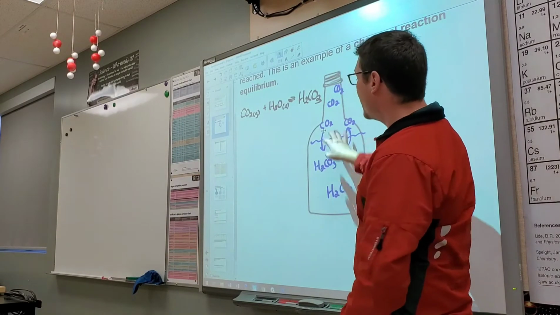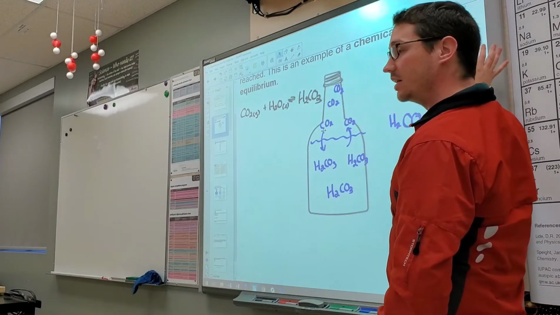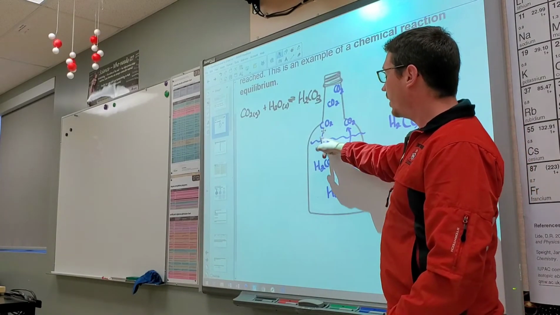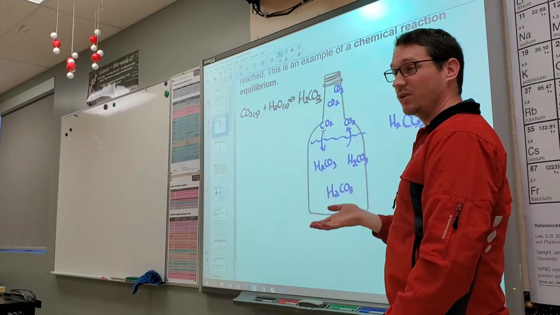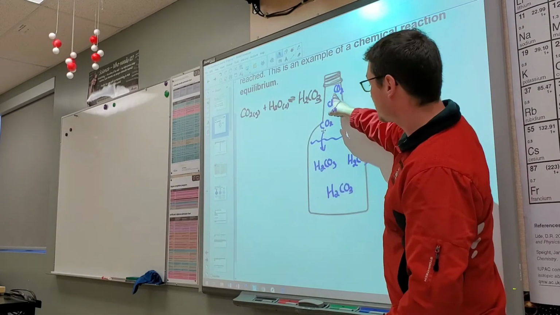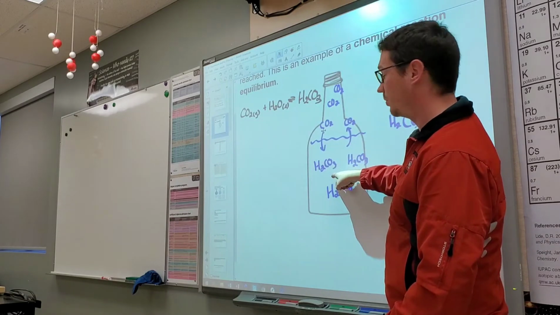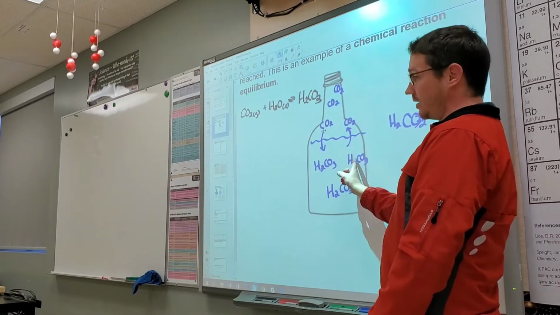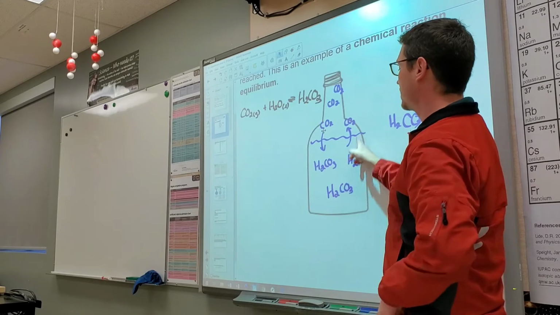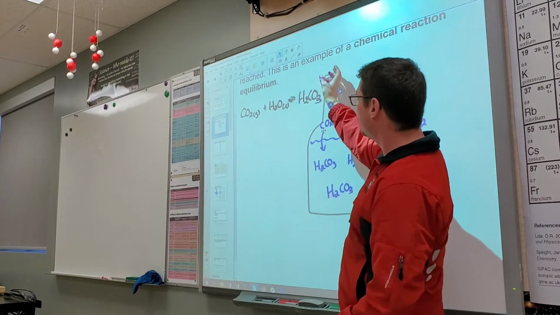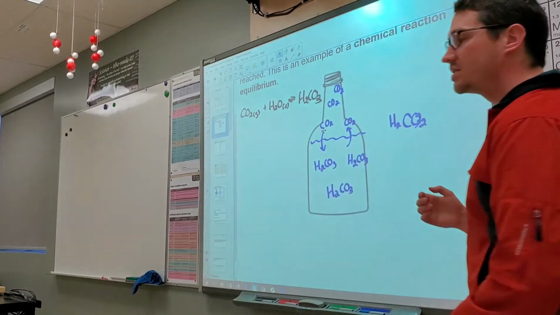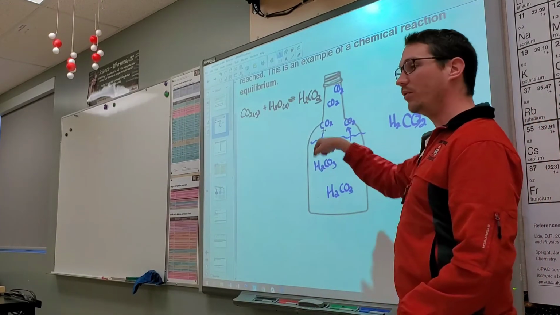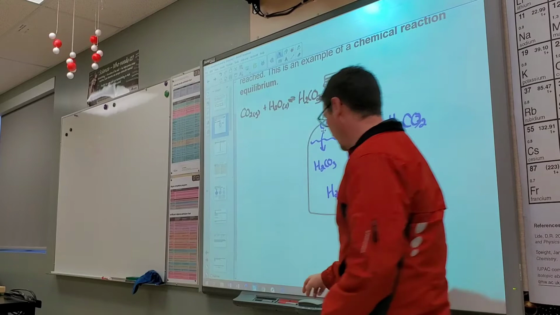And so if the carbon dioxide is free to leave, then one of these processes is going to stop happening. Do you agree with that? There's a process where the carbon dioxide is reacting with the water, and the reverse process, where it's unreacting and turning into carbon dioxide. As soon as you open this bottle, the carbon dioxide leaves, and you no longer have both processes happening.